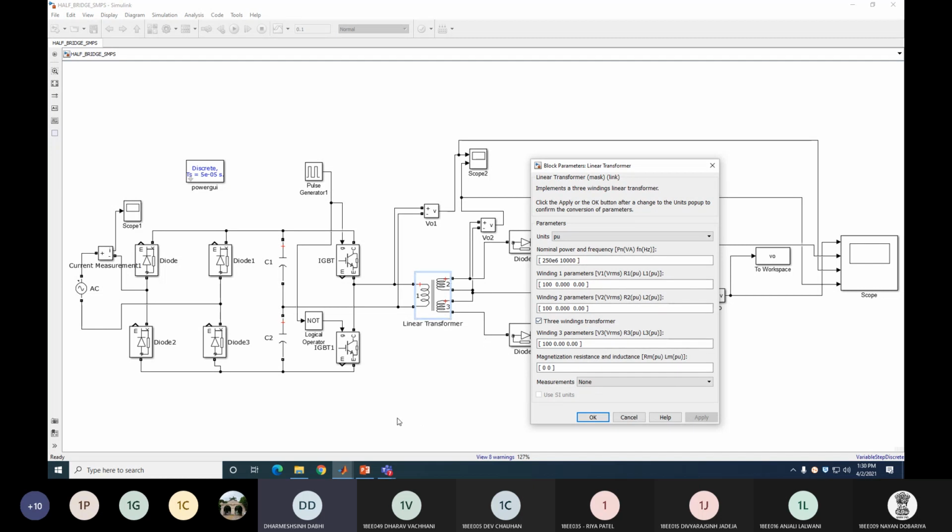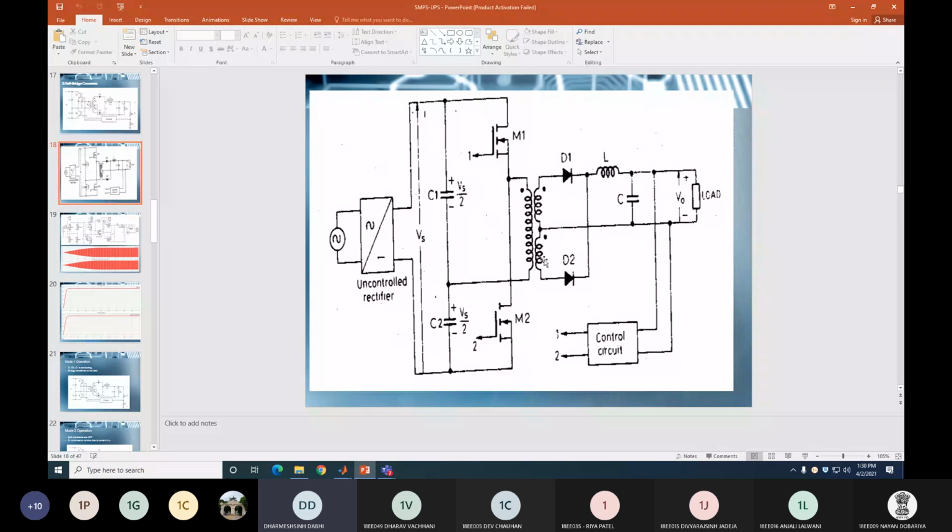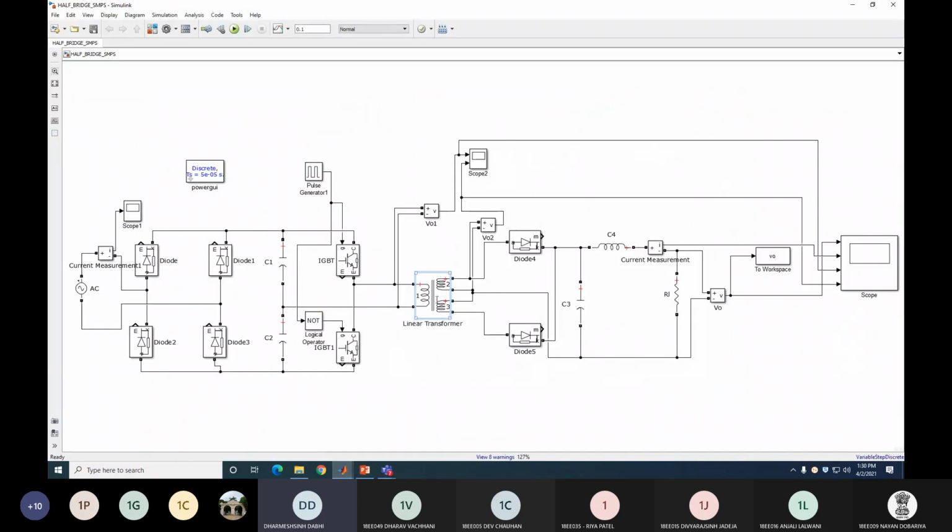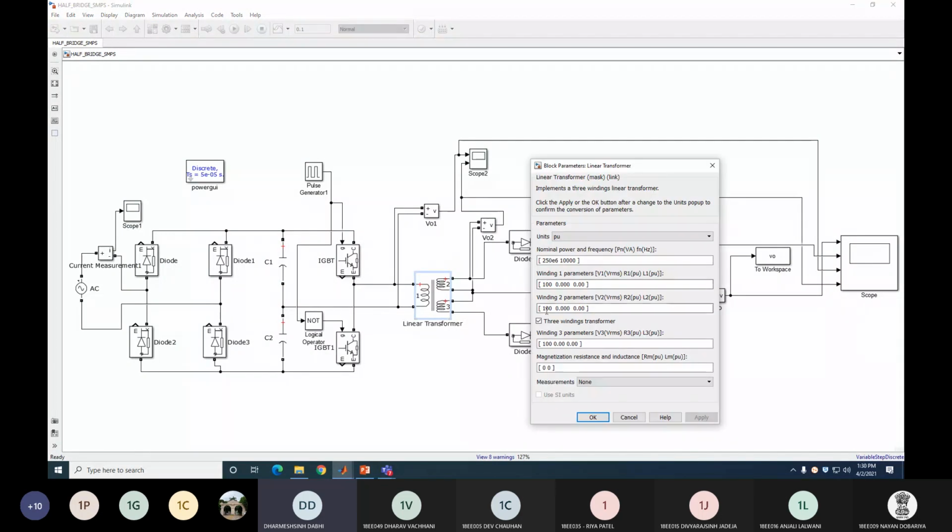There are 2 secondary windings, as you can see in this circuit diagram. There are 2 secondary windings and 1 primary winding. Here I take a 1:1 transformation ratio between the primary and each secondary, so that each winding voltage is 100. Winding 1 parameter is the primary winding parameter. Winding 2 parameter is this secondary winding, and winding 3 parameter is this winding.